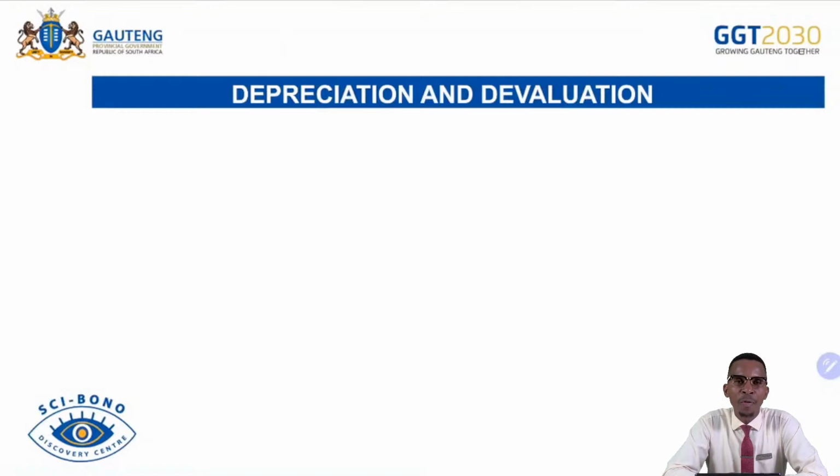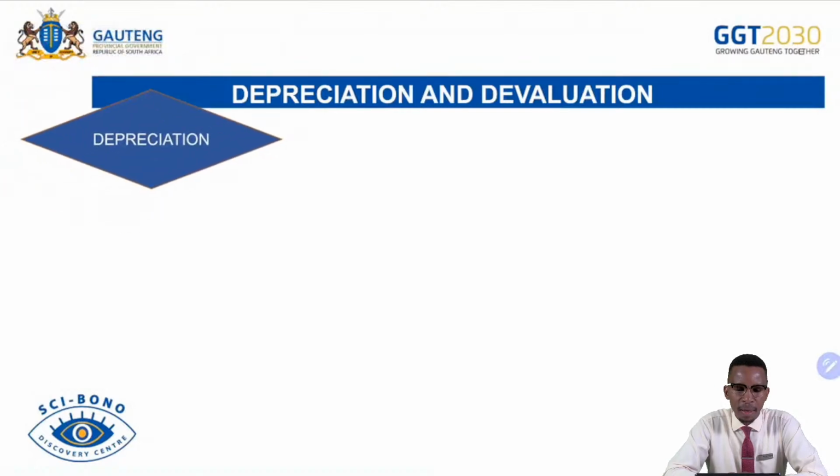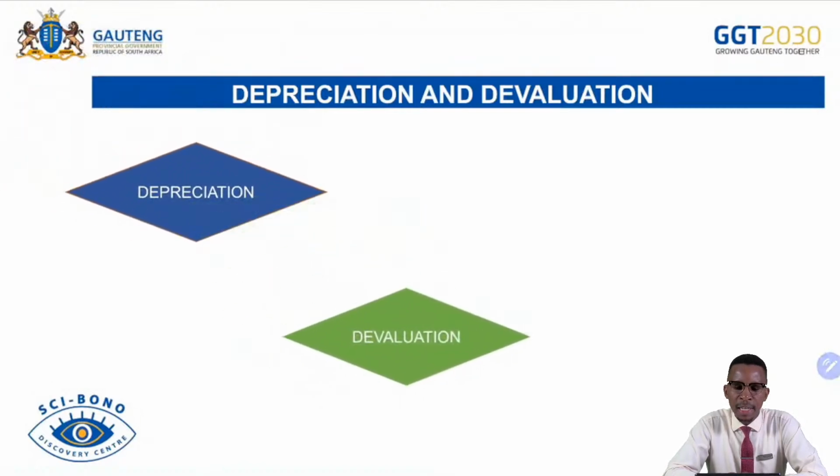Why? Because our exports are relatively expensive, there will be more earnings. We know the story of terms of trade, they will be increasing in the short run, depending on whether those goods are elastic or inelastic. Then let's check the depreciation and the devaluation.